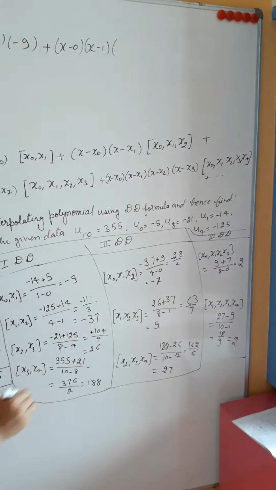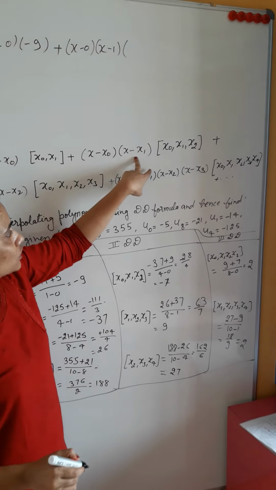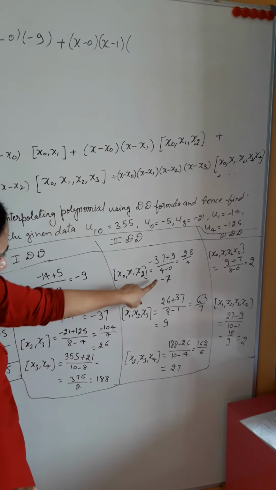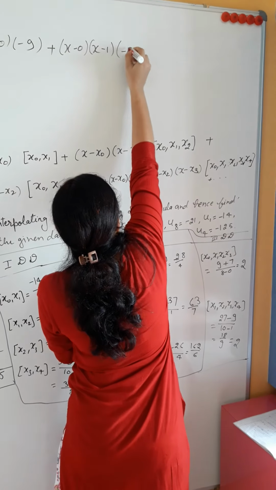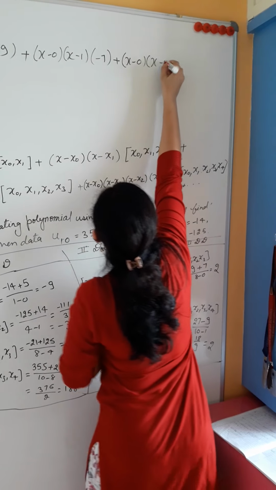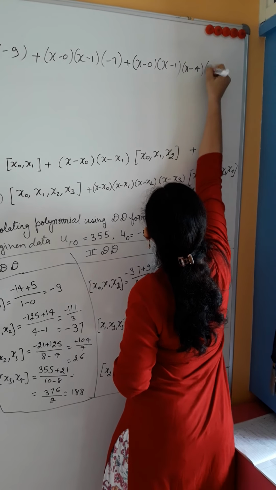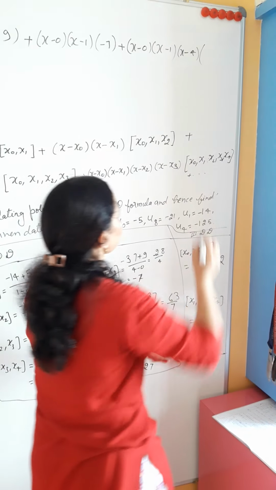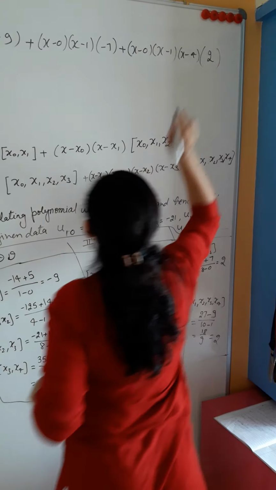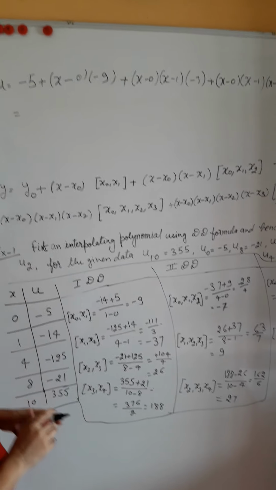Then the second divided difference, where I am substituting in this formula, x minus x naught, x minus x1, then the second divided difference here, minus 7, plus x minus x naught, x minus x1, x minus x4 into the third divided difference, that is 2. So our table has terminated here. So I have substituted the values. Now we have to simplify this.